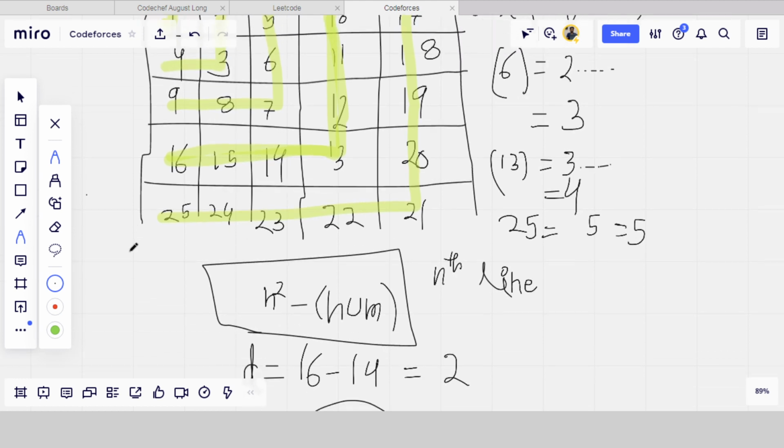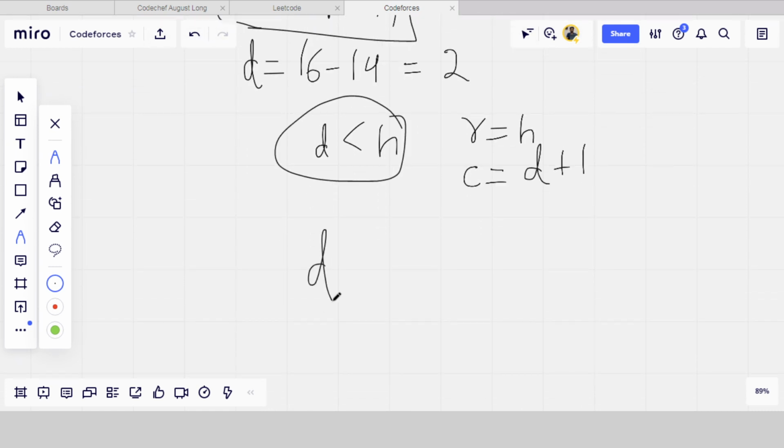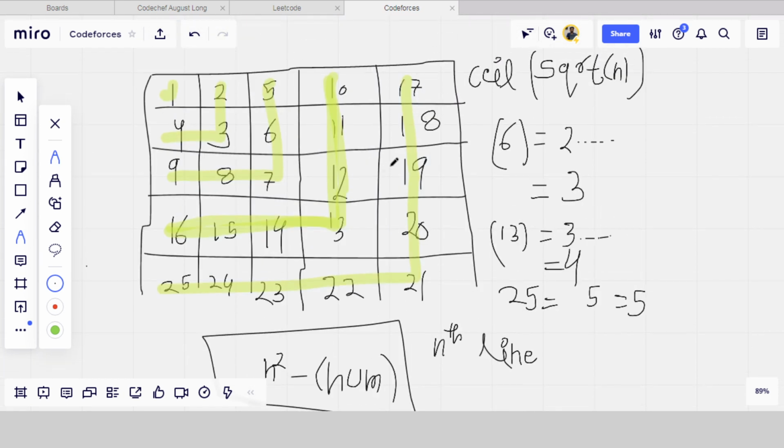Okay. Fine. And if d is greater than or equal to n, we are talking about the numbers which lie on the vertical part of the L, like 10, 11, 12, 5, 6.